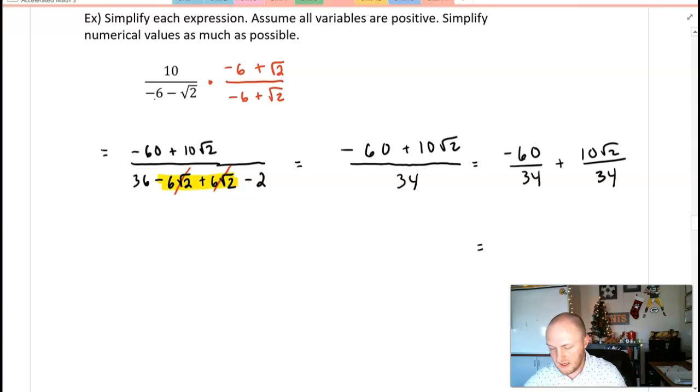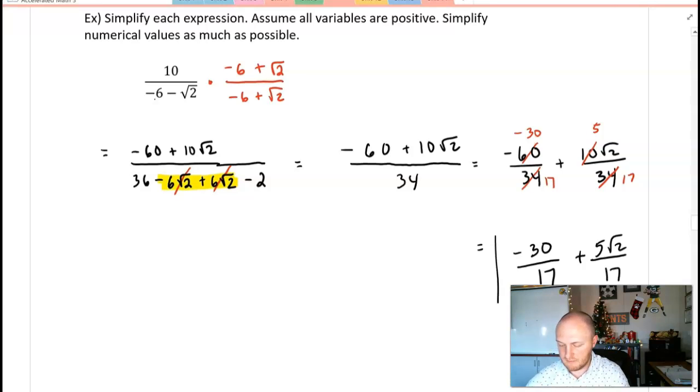So if I reduce by a factor of 2, this gives us negative 30 over 17. And then here, this would be a 5 over a 17. I just reduced by 2. So our final answer, negative 30 over 17 plus 5 root 2 over 17.